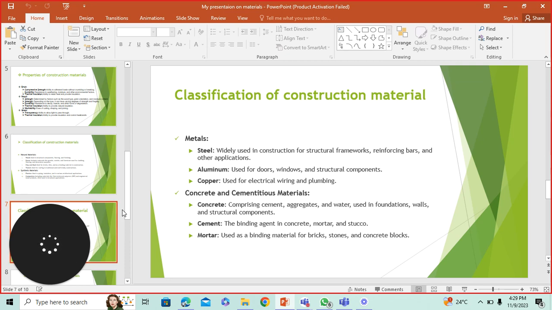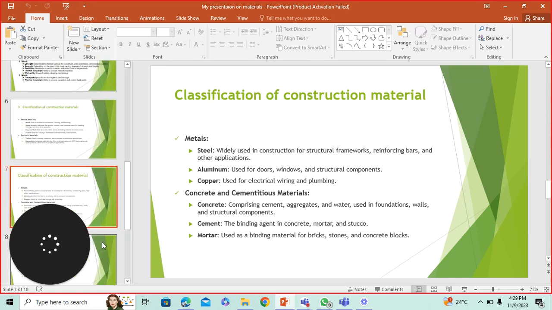Another classification, we have concrete and cementitious materials. Concrete comprises cement, aggregate, and water, used for foundations, walls, and structural components. Cement is the binding agent in concrete. Mortar is used as binding material for bricks and stone. Those are self-explanatory.